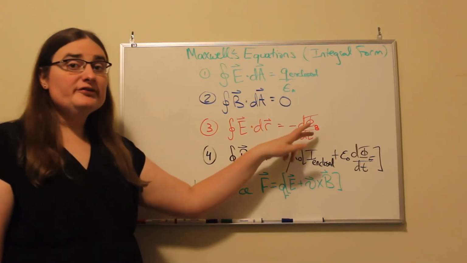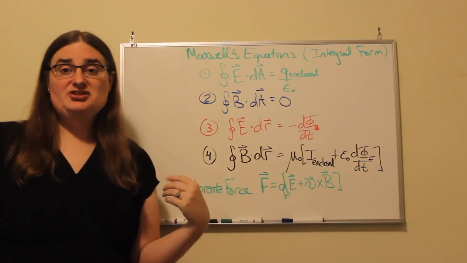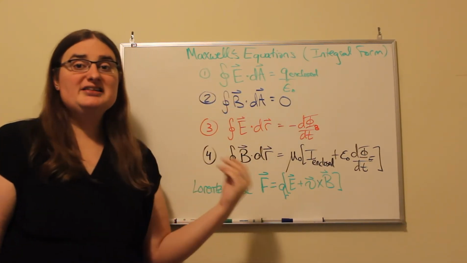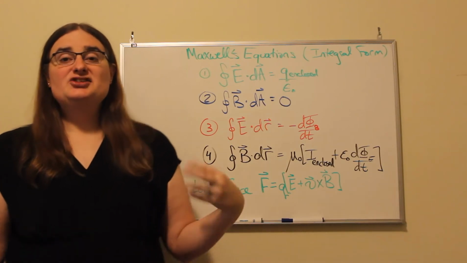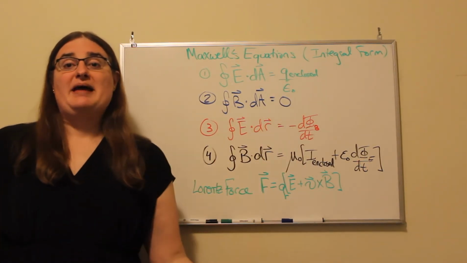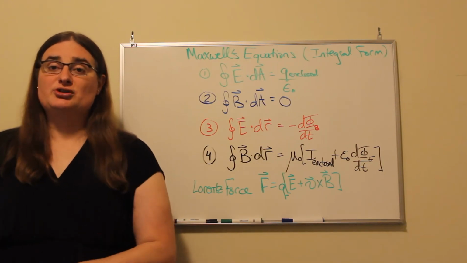And remember, that surface doesn't have to be just a simple circle; if I draw a circle inside that, it could be any distorted, distended shape. We would have that same change in magnetic flux through any possible surface.